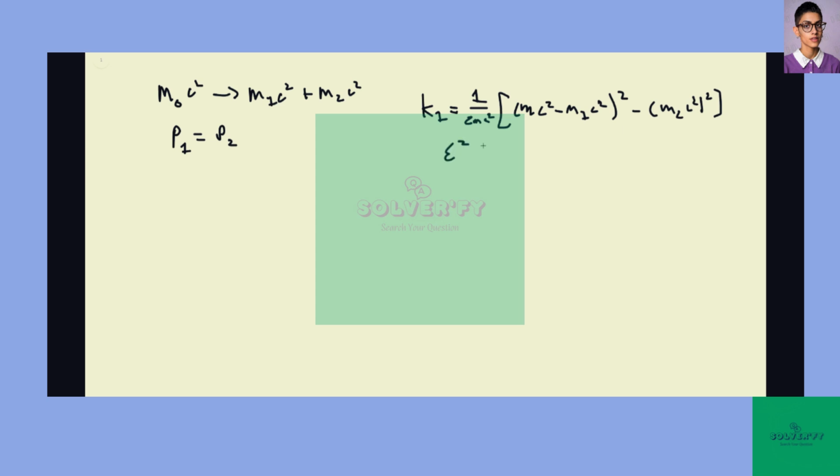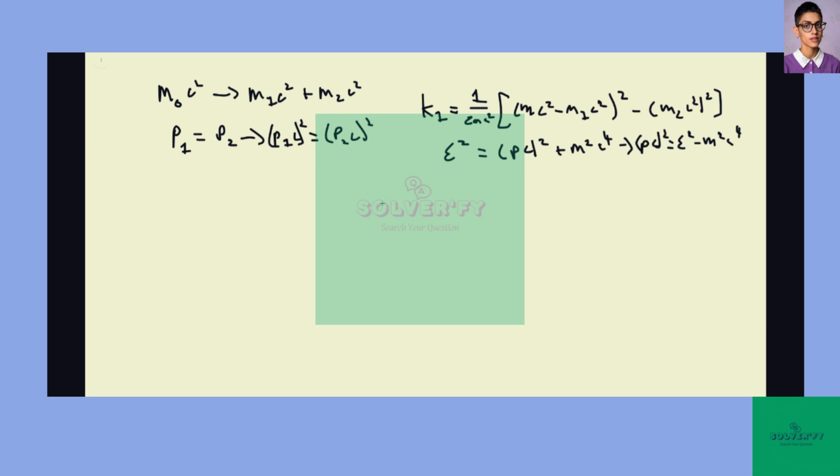Rearranging for (PC) squared, you get (PC) squared is equal to E squared minus M squared C to the fourth. So now from that, we can put this in terms of (P1C) squared is equal to (P2C) squared.